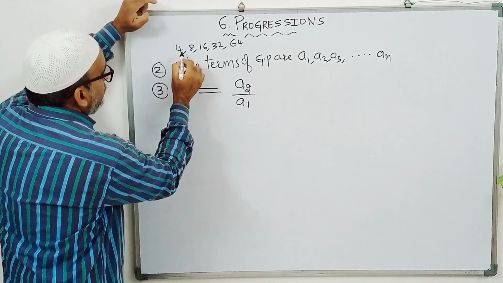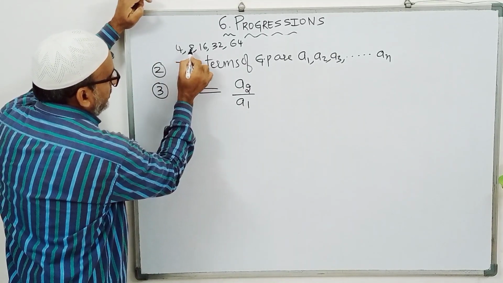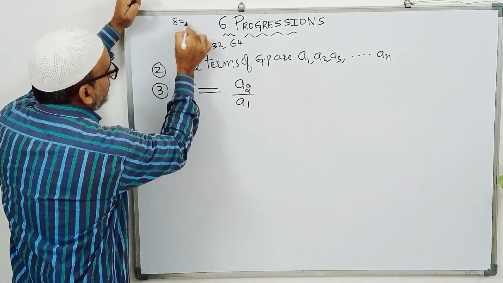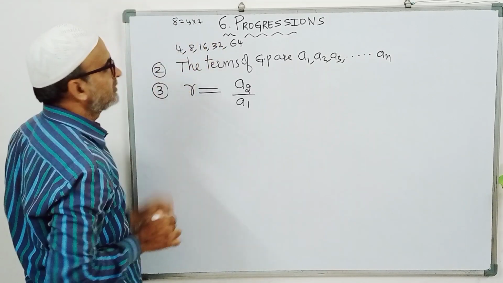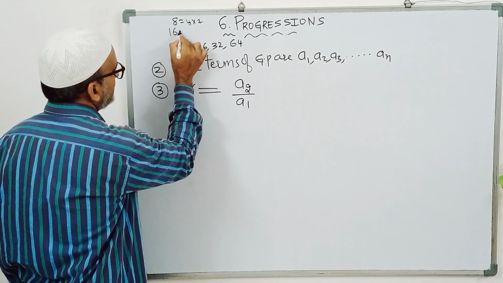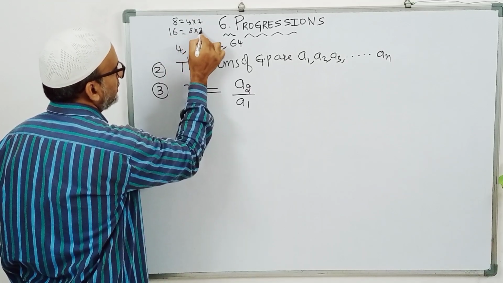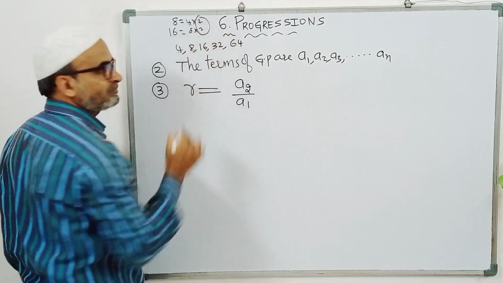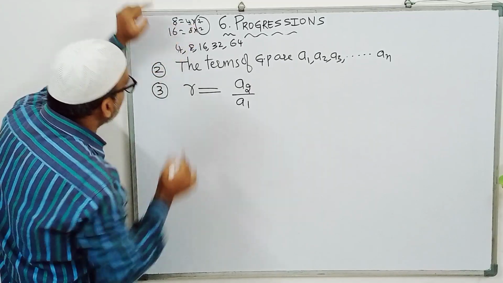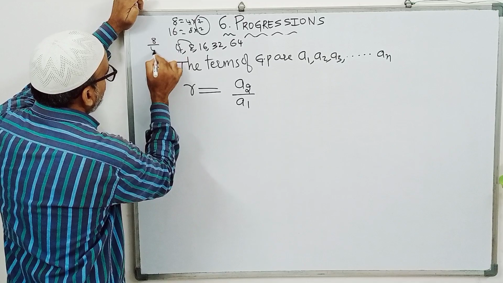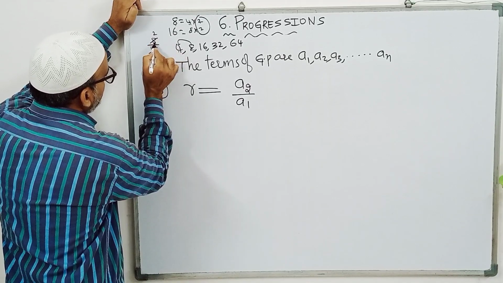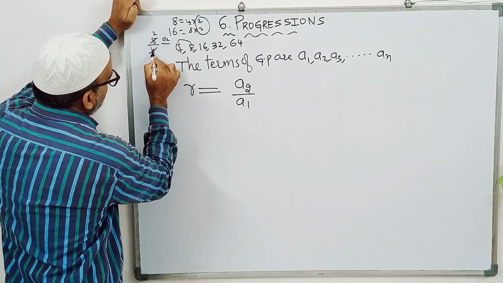How you are getting? I told you. 8, how you got? Previous number 4 into 2, 4 to the 8. 16, how you got? Previous number is 8 into 2, means this is the fixed number. How you will get this 2 means this term by this term, means 8 by 4. This 8 is nothing but A2, this is nothing but A1.